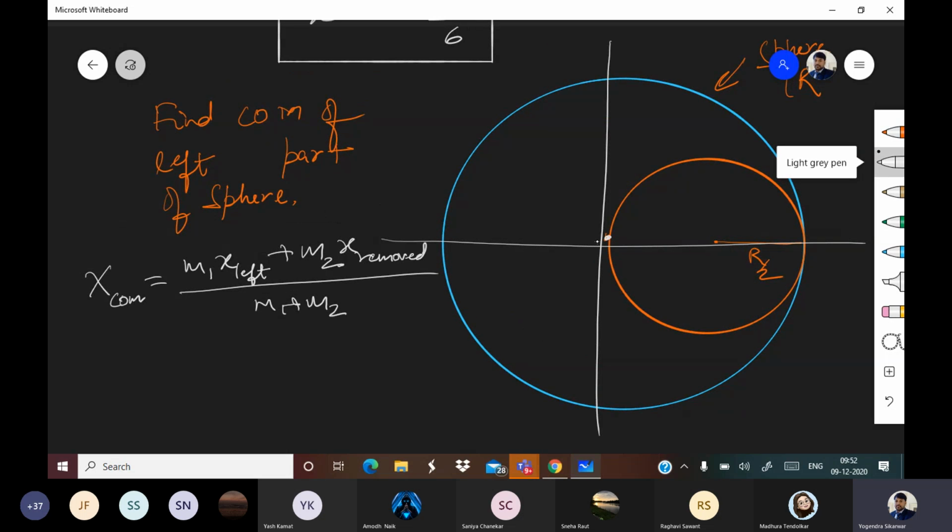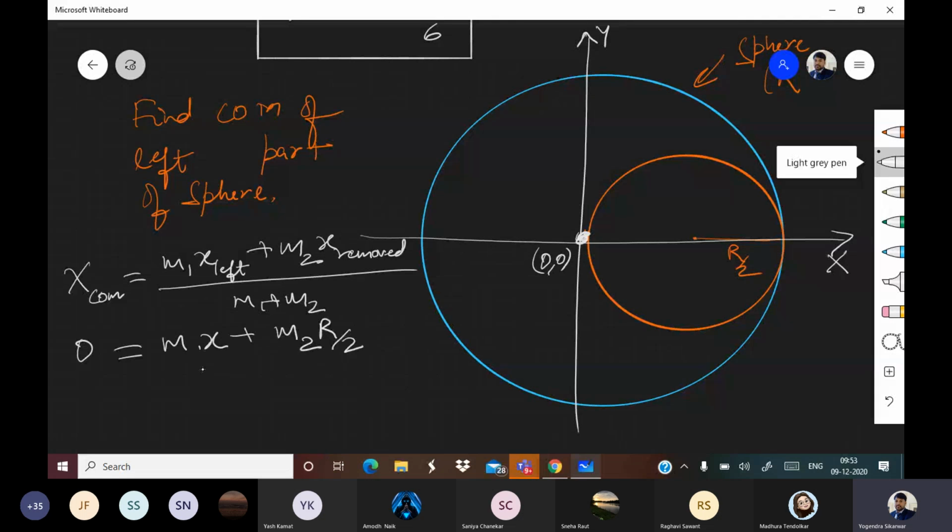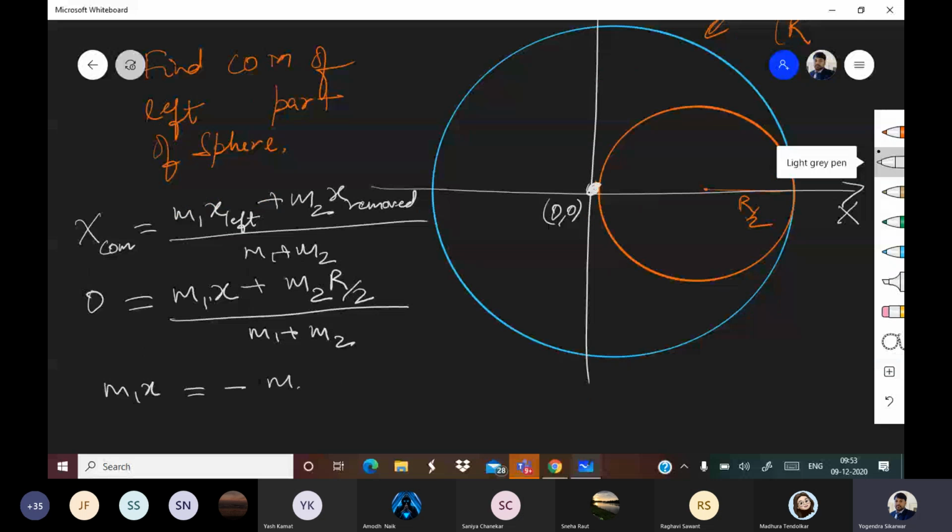So what we can see is 0 is equal to m1 into x, which is to be calculated, plus m2 into r by 2, upon m1 plus m2. Now this m1 plus m2 will be multiplied with 0, so that will become 0. So what you can write is m1x is equal to minus m2 into r by 2.